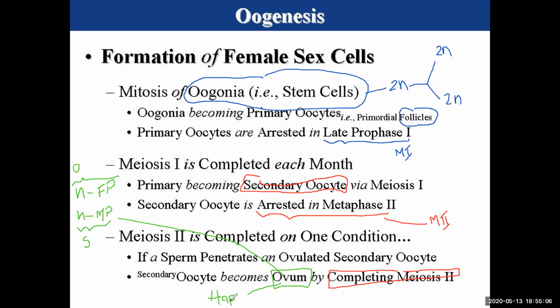Even though it has 46 chromosomes, it is considered haploid because the nucleus of the ovum has only 23 chromosomes. The 23 chromosomes from the sperm haven't been fused into one single nucleus yet, right? So that's a tricky part there, a gray zone in terms of the ovum.